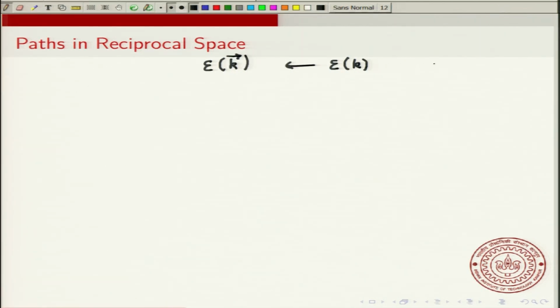In the 1D case you could just plot from minus pi by a to pi by a, passing through 0, and that was the first Brillouin zone. Now, in higher dimensions, you have this truncated octahedron. Let us say for an FCC lattice, you have a BCC reciprocal lattice whose unit cell is a truncated octahedron.